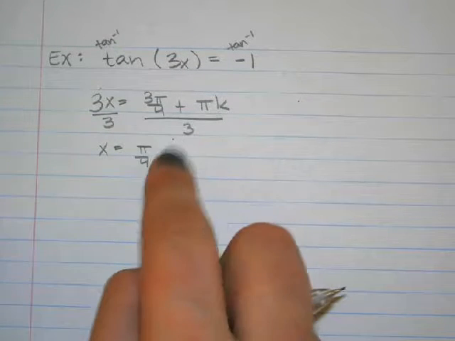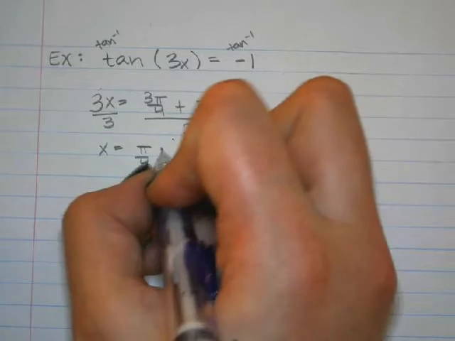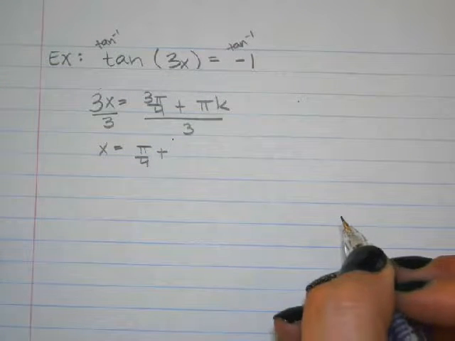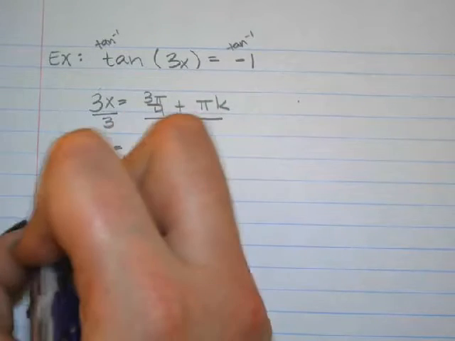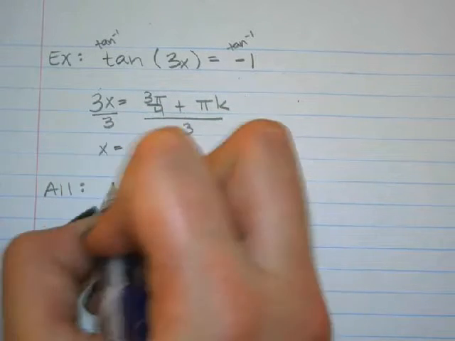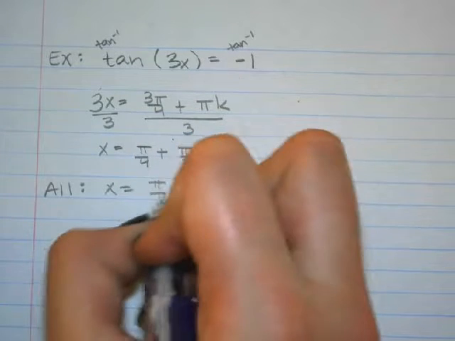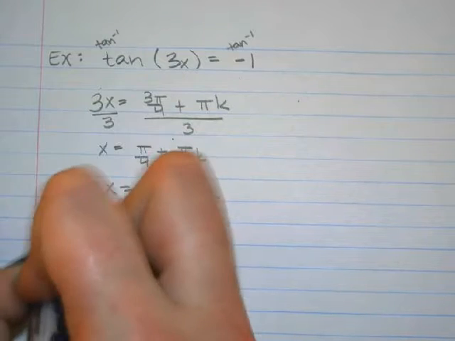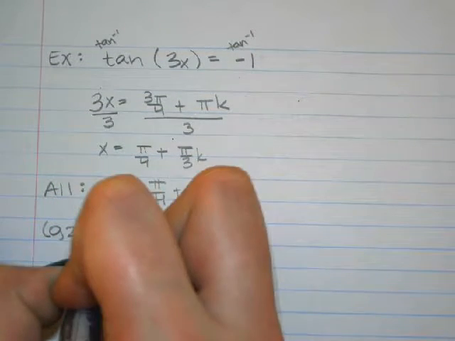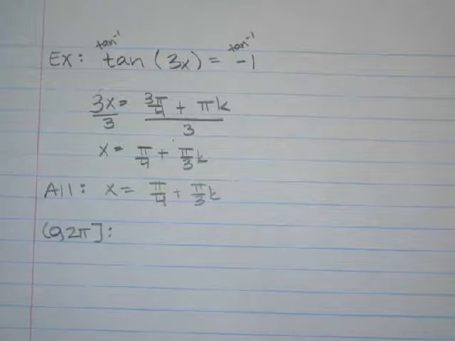So you have 3 pi 12ths, which is really pi fourths, plus pi thirds k. All right. So if we are writing all possible answers, that was it. It just gets a little bit messier if we're doing from 0 to 2 pi.